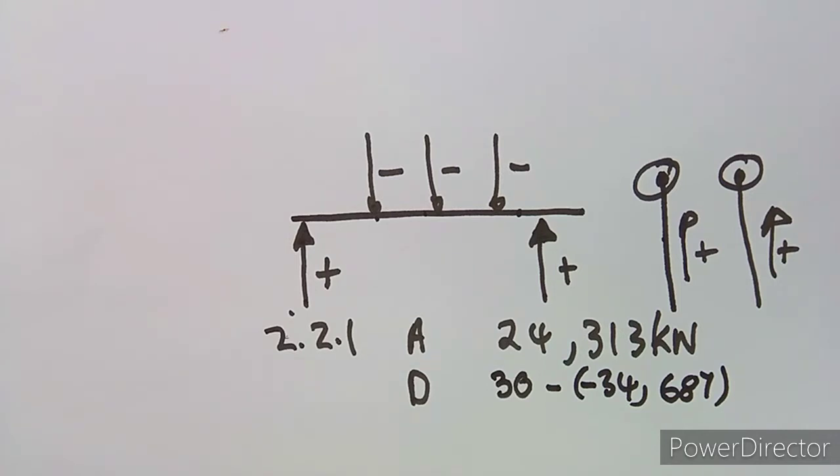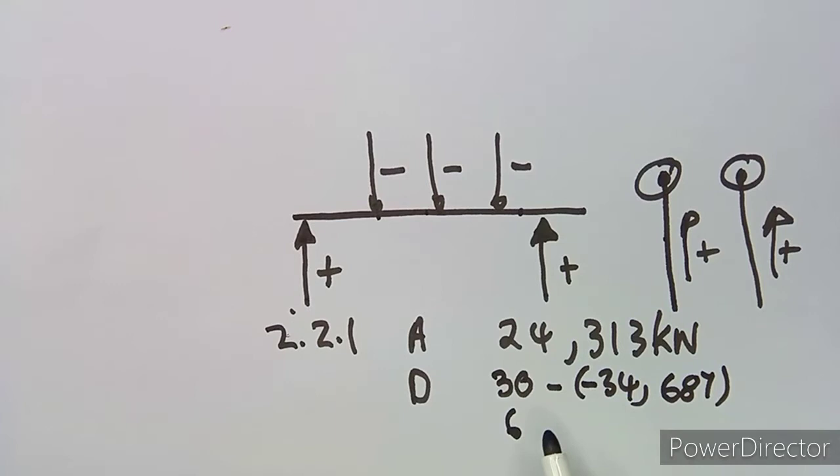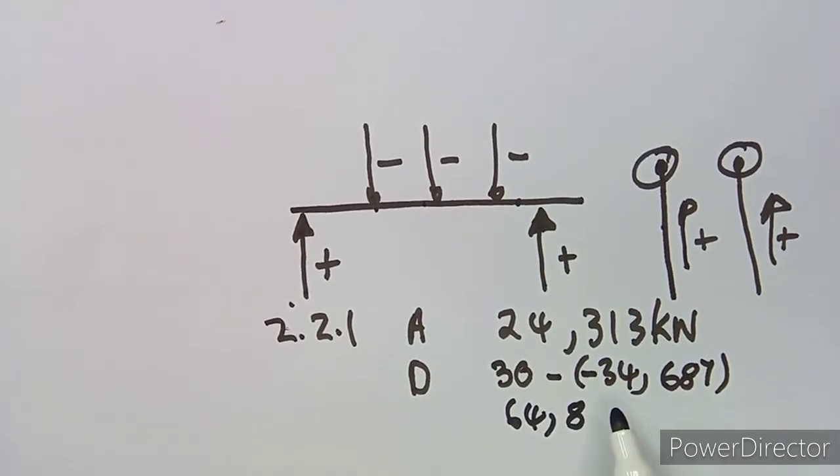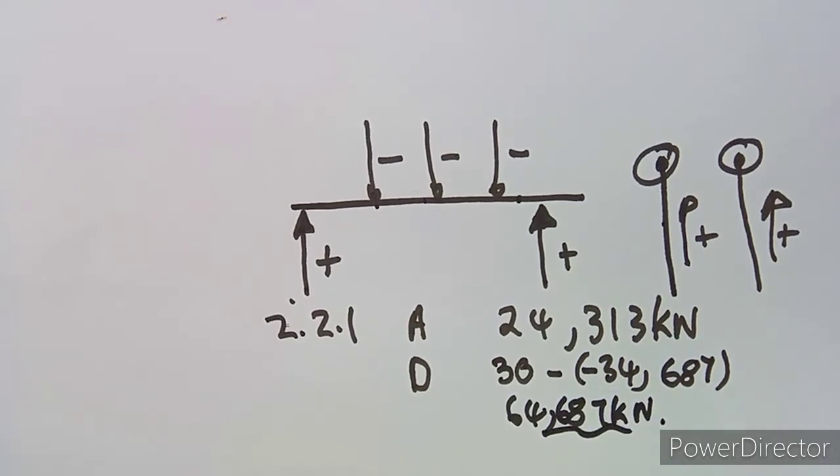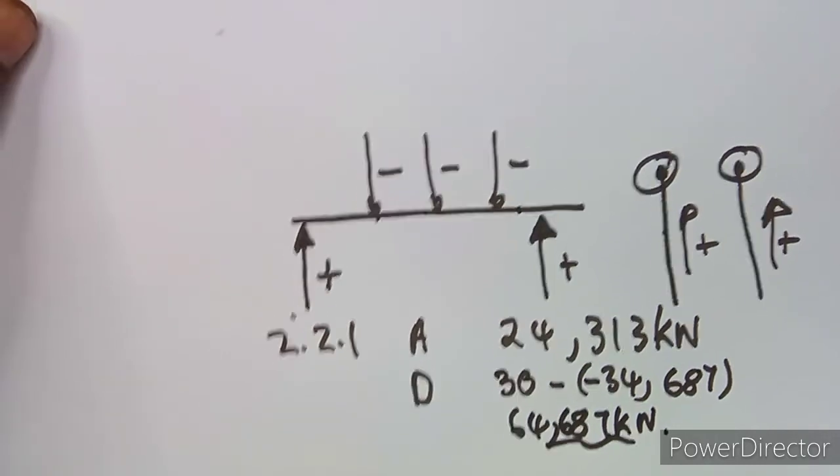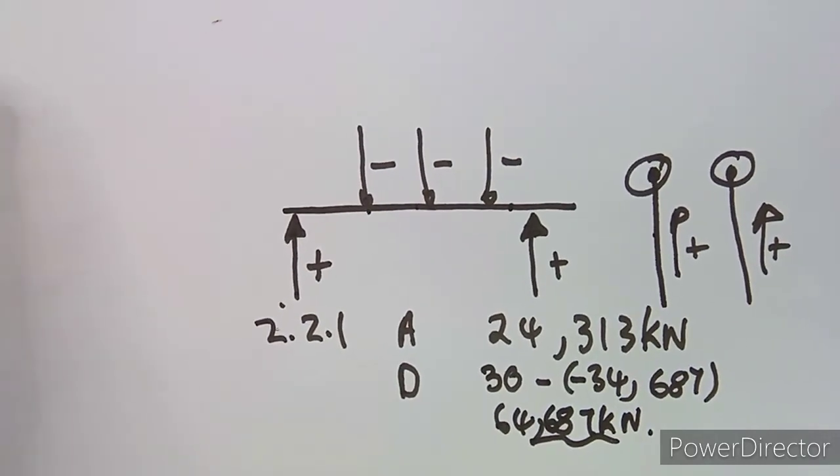If you combine properly, you're going to obtain 64,687 kilonewtons. This is what you're going to obtain. So that is the force corresponding with the support at D. Okay, so these are the two supports that we had.